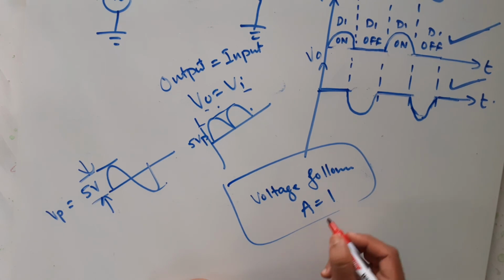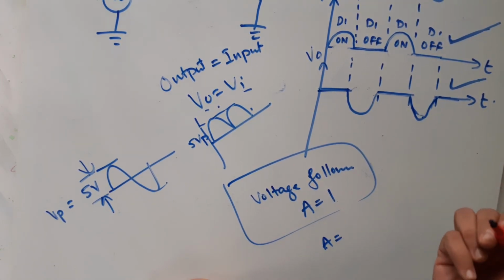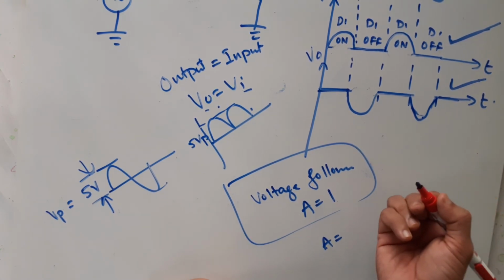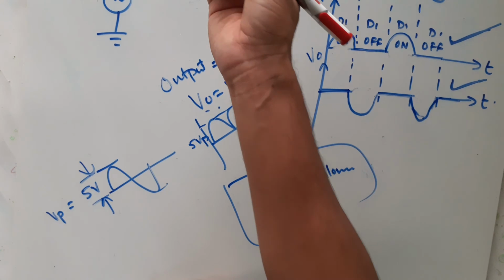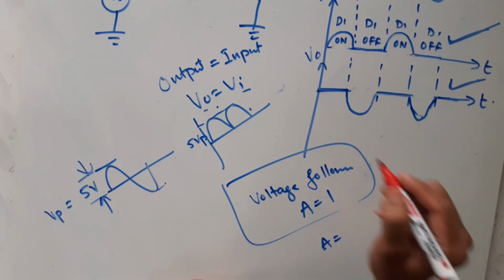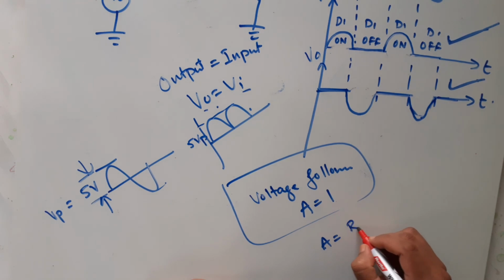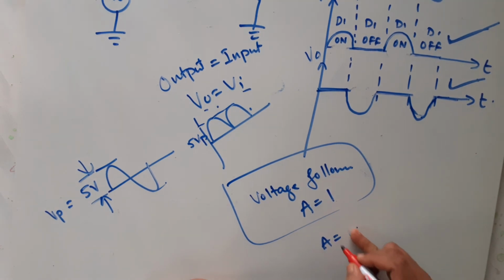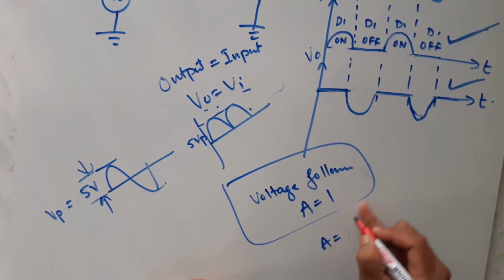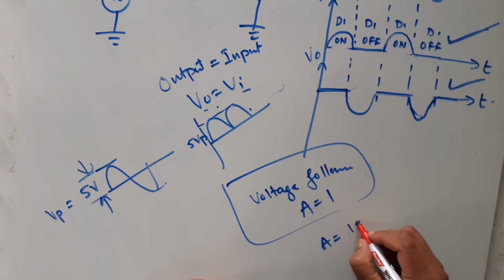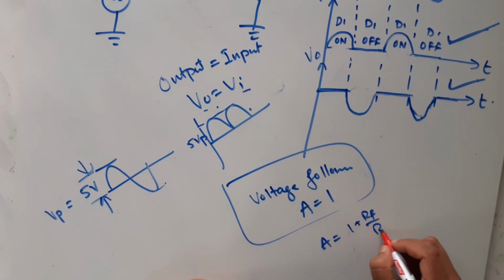And when it is not working as a voltage follower, the gain can be any value. It can be 1, 2, 3, 4, anything, right? It depends on the feedback resistance, alright. We already know the gain for a non-inverting amplifier is given as 1 plus Rf by R1, right?